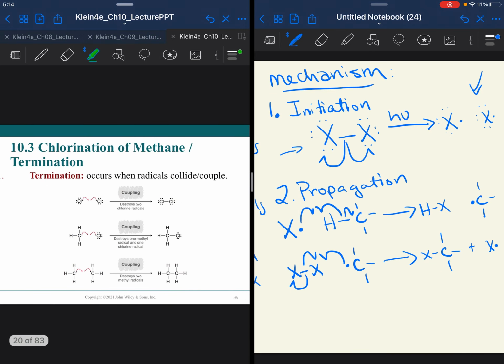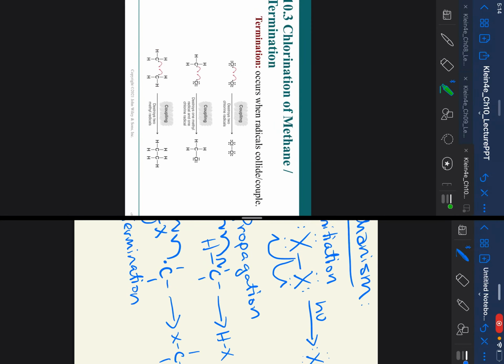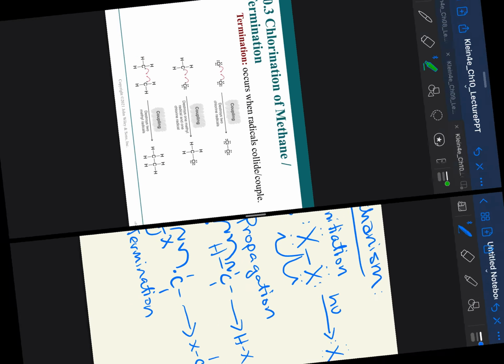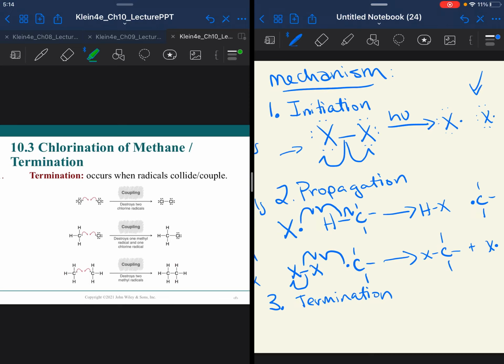And then finally, for this reaction to come to an end, you're going to get termination reactions, right? When you have radicals around, they are very reactive. And so what really brings this to a close is anytime your radicals run into each other. So for instance, if two of your halogen radicals were to run into each other, you would make a little bit of X2, which can go back into the reaction.